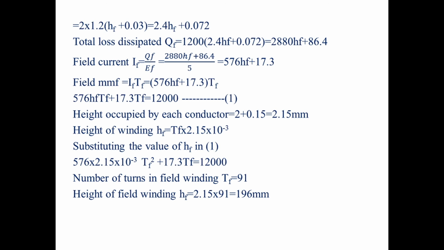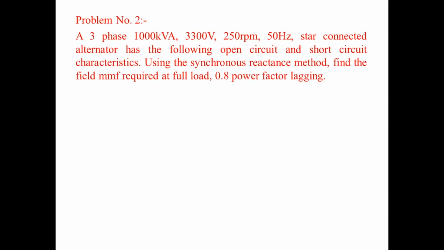So the height of the field winding HF is 2.15, the height occupied by each conductor, into 91. That is 196 millimeter, the height of the field winding. So that is the solution of the problem.